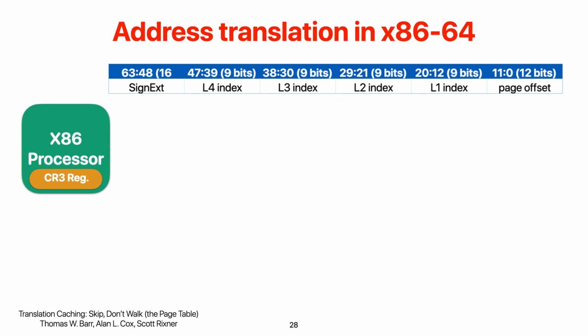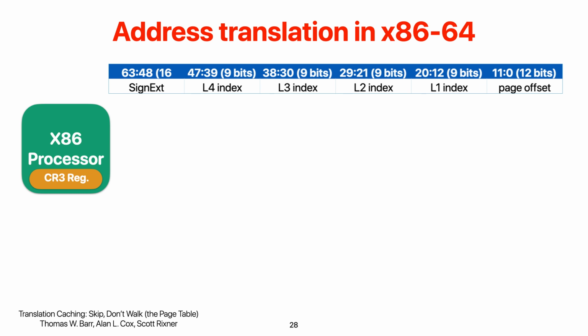Within these 48 bits, 12 bits are used for the page offset because the default page size is 4 kilobytes. The remaining bits are separated into 4 different levels, which represent 4 different levels of the tree structure of your page table.